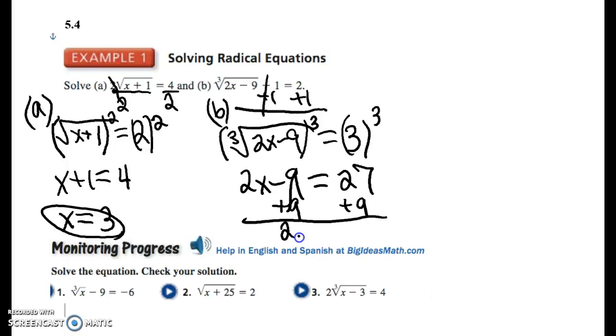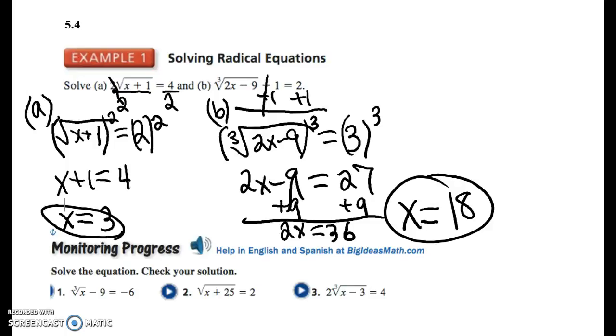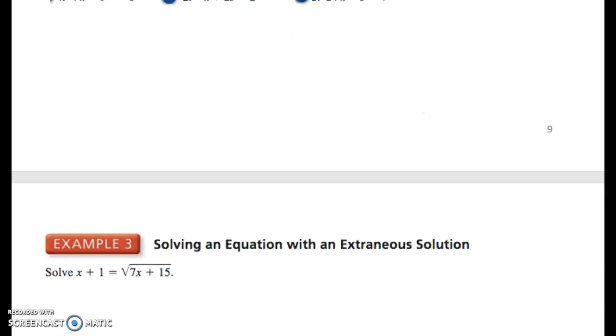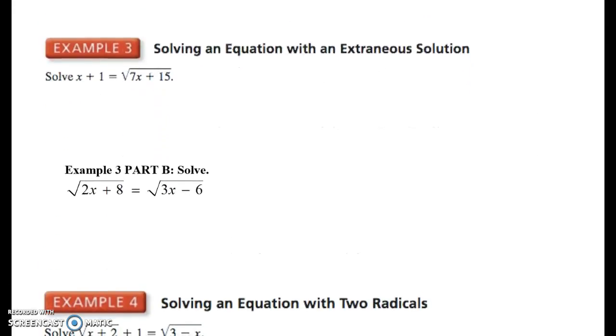And we'll get 2x equals 36. Divide both sides by 2, and you'll get x equals 18. And that's it for example 1. Go ahead to the next page, page 10, and we're going to take a look at examples 3 and 4.